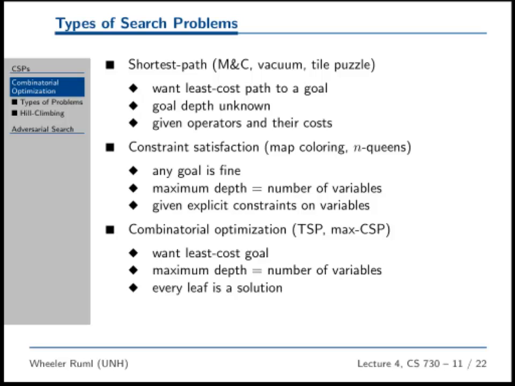It's like my life. I want to find a solution that maximizes the number of constraints that are satisfied. Like, I can't do everything. I just want to do as much as I possibly can in the time I have. That's called the max CSP problem. It's a combinatorial optimization problem. So that's what combinatorial optimization is.